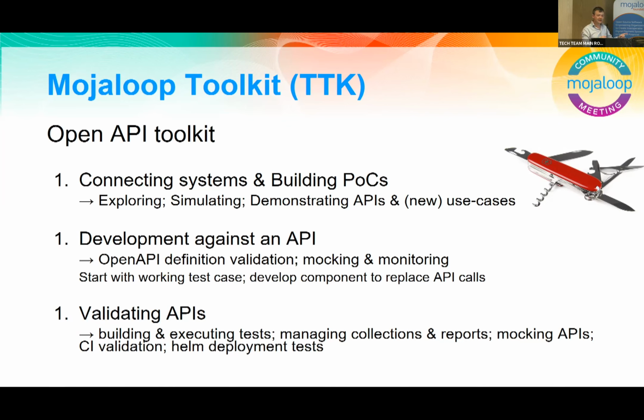Validation APIs, that's the other part that we use. So once you've built against this testing toolkit, you can say, okay, great, it works, but what happens when things go wrong? And you can start including tests that really test your product on all the edge cases. When you do that, you build up these test cases, and then we have a facility so that you can run that locally.